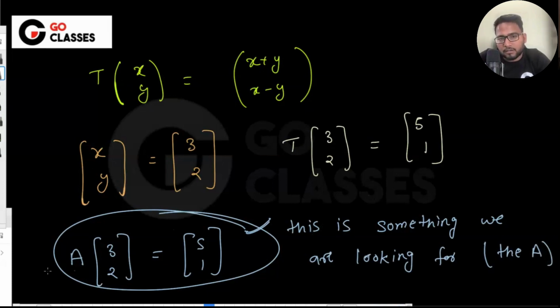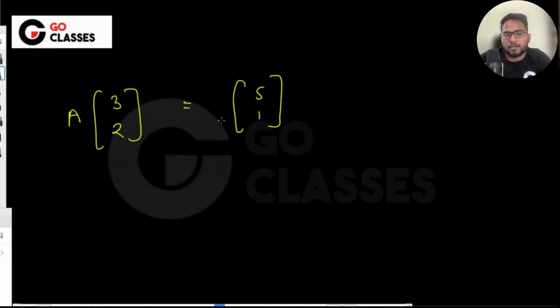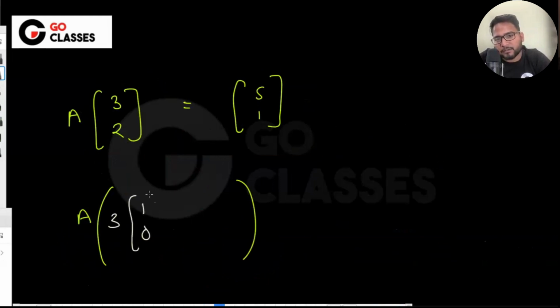Now, let me just go to the next page. Now see here, we want A into 3, 2, such that it gives you 5 and 1, right? Now what will I do? I will write this 3, 2 as something like this: A into 3 into the first basis vector plus 2 into the second basis vector.